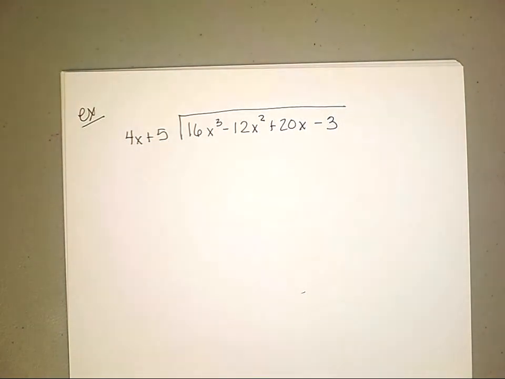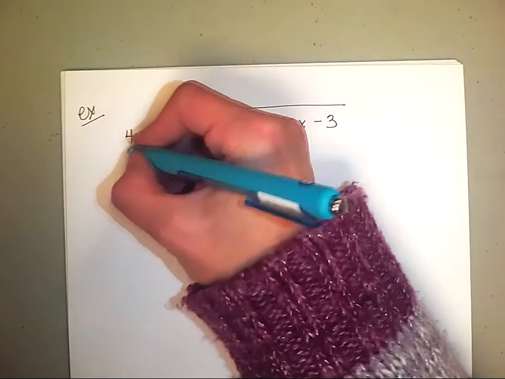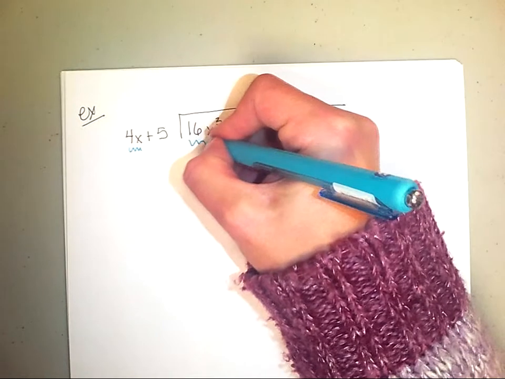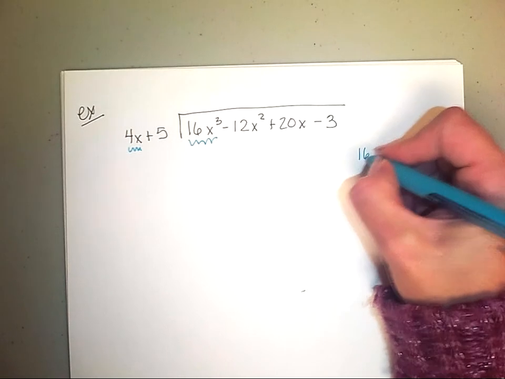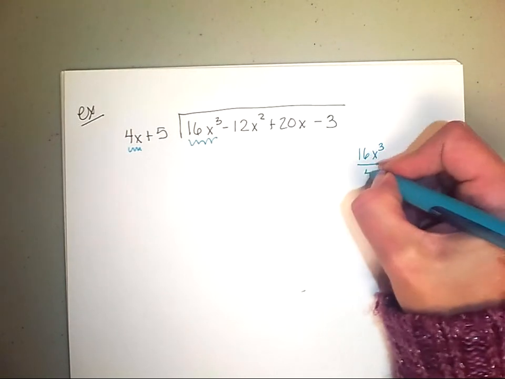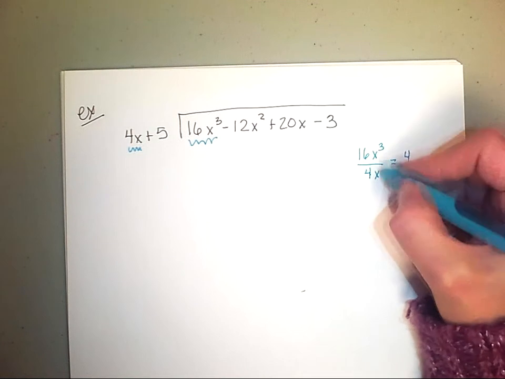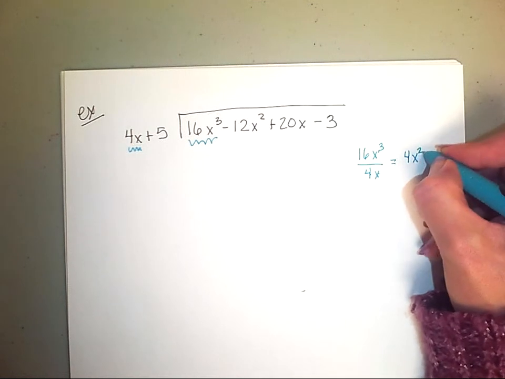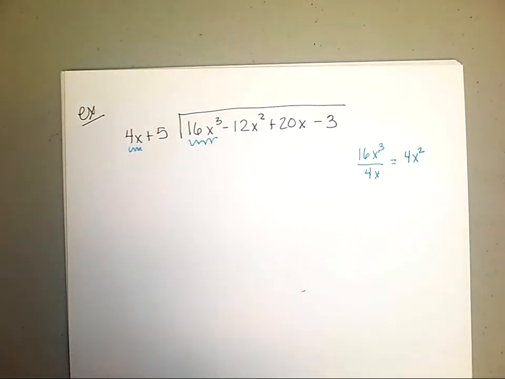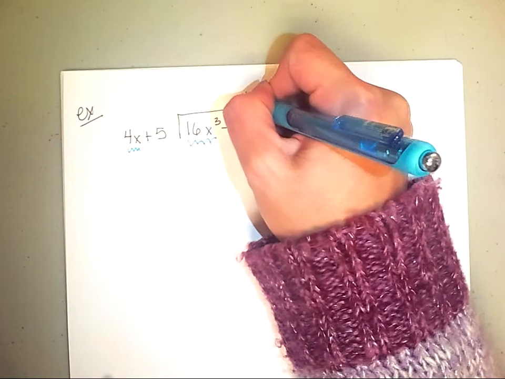All right, let's begin. We ask how many times does 4x go into 16x cubed? 4 goes into 16 4 times, and x goes into x cubed, x squared times. So that comes up here.